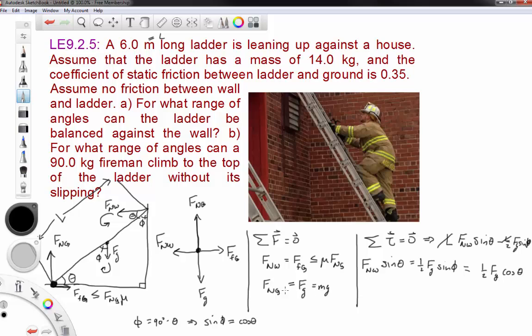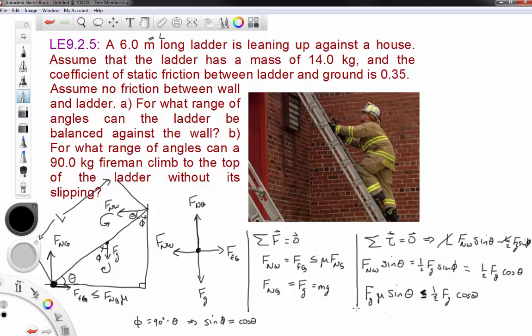So substituting this and this in for this normal force between wall and ladder, what we end up with is that Fg times mu times the sine of theta is equal to 1/2 of Fg times the cosine of theta. And so this is not actually a true equality though, because this guy right here is greater than or equal to this. So we need a greater than or equal to sign over here to make that work out.